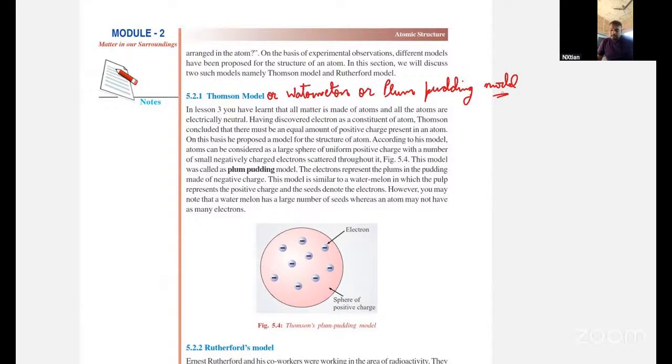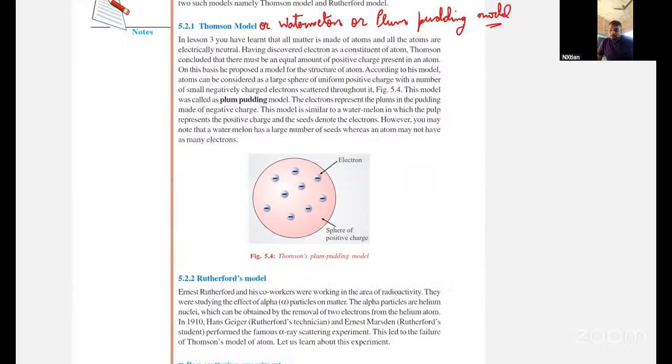You can see the diagram also. The red part is basically the proton, and like seeds are embedded in the red part, in the same way the electrons are embedded in the red part. Are you getting this? Yes or no?